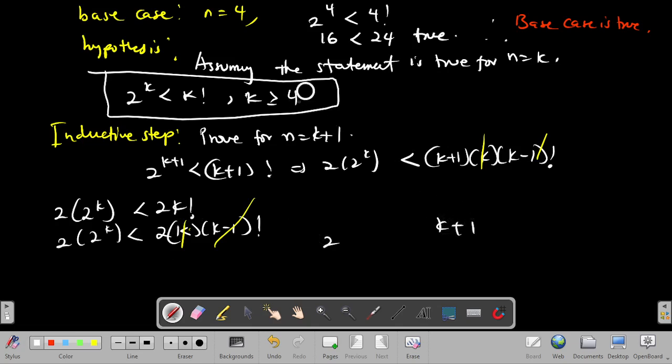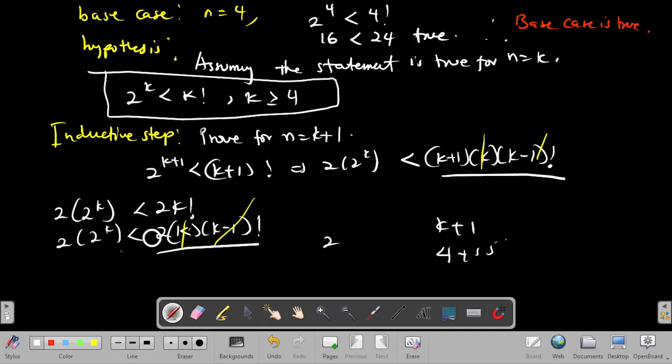Remember that our condition only works when k is greater than or equal to 4, meaning that the k value here can never be 3, can never be 2, can never be 1, but can be 4. Using the least case of k as 4, plus 1, that is 5. Therefore, this here is bigger than 2. Because of that, this whole expression here is bigger than this.